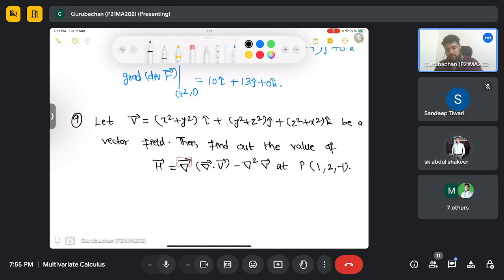First of all, here we should use a vector identity, sir. Why? Del cross V. Yes. Curl of curl V bar is del of del dot V bar minus del square V bar. Okay. So the left hand side, if we compute, we can get the answer easily, sir.